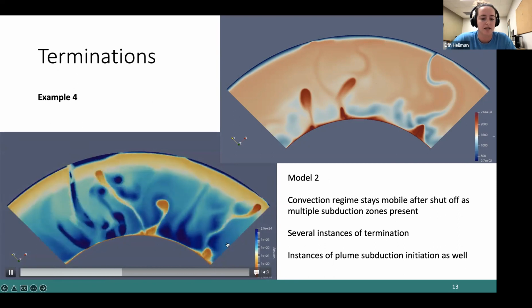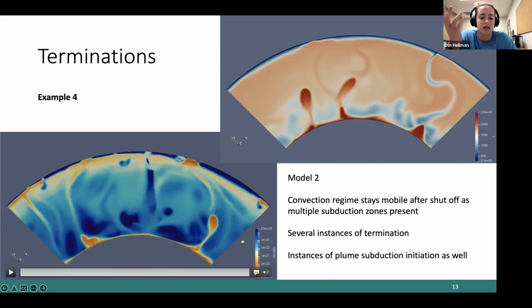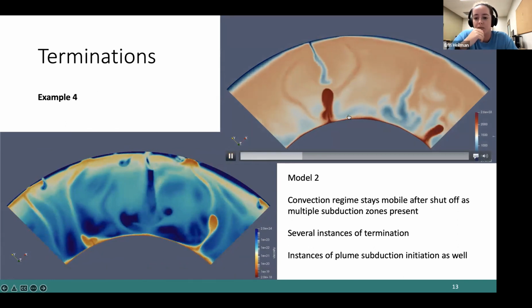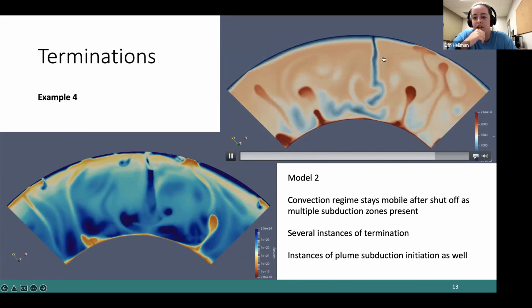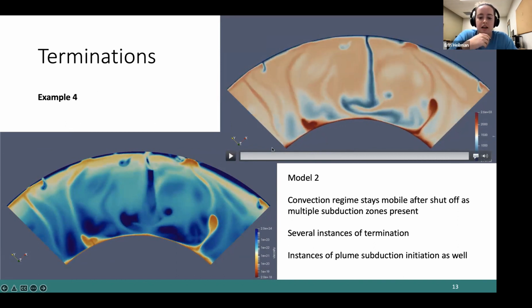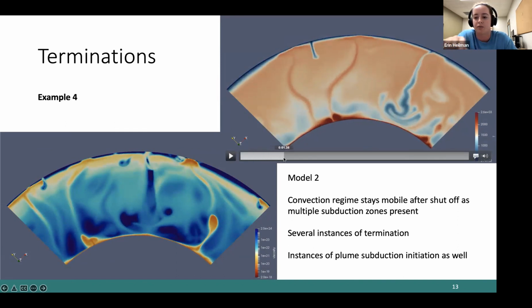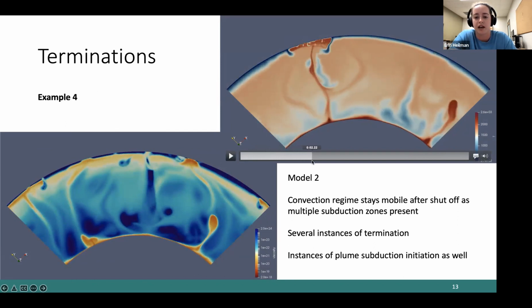So this is where it gets a little more complicated to see in the viscosity because the model is cooling. So the viscosity is rising, but here in the temperature, we see this subduction zone shut off, another sort of slides in. So this is sort of the first case where the slab on the right gets pinched off, but you have another slab.